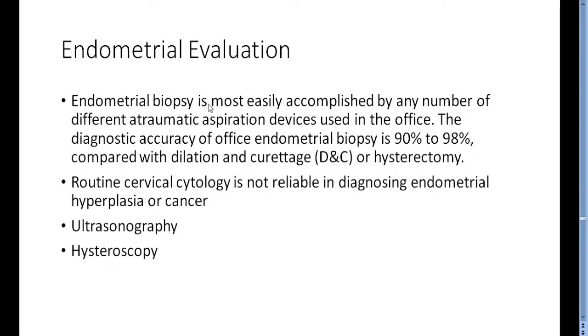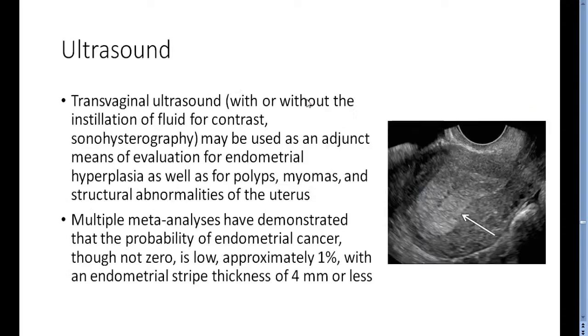First, we need to evaluate the endometrium. It may be done by dilation and curettage procedure, or hysteroscopy, but from a practical point, we usually start from ultrasound, and on ultrasound investigation we can see the thickness and the echostructure of the endometrium.